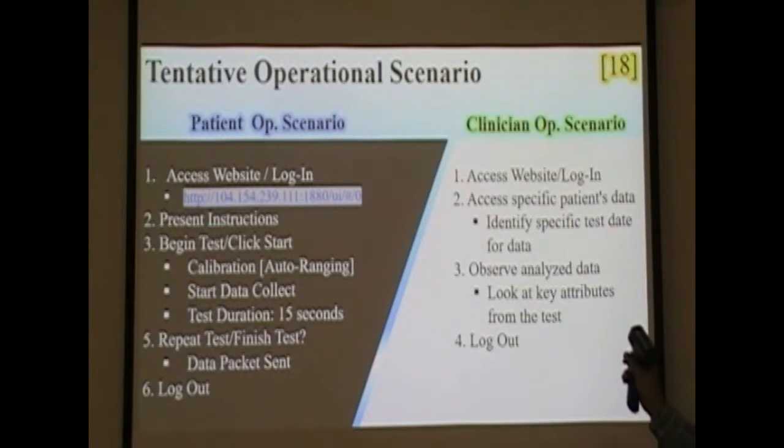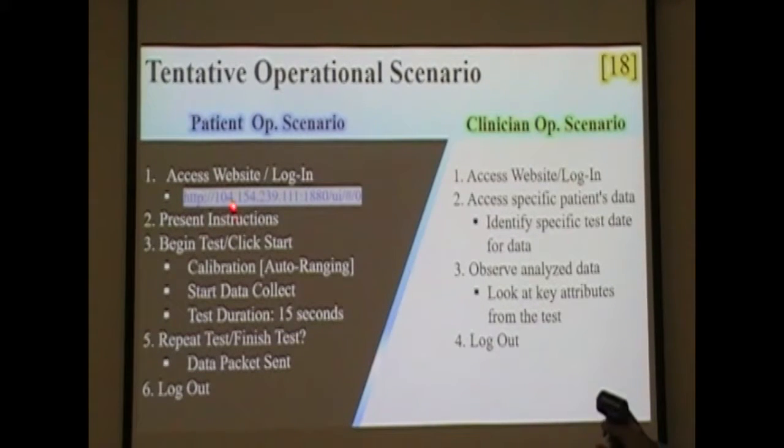Tentative operation scenario. Right now, we access a web page through this URL. This URL is live. It's been done with Node-RED with a couple of buttons and a chart for the purpose of testing this project.